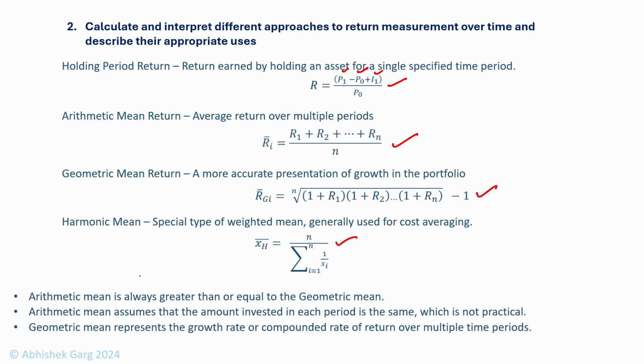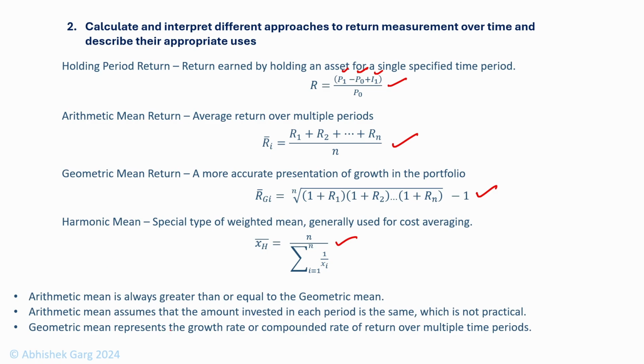So at the beginning of the second month, your total portfolio value is $1,050. So the rate of return that you earn in the second period will be the return on $1,050. But the arithmetic mean ignores this practical problem.